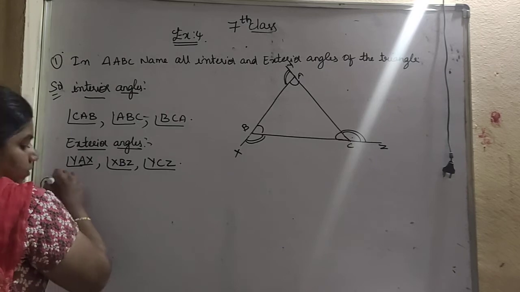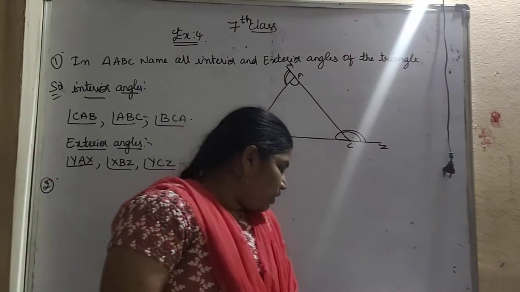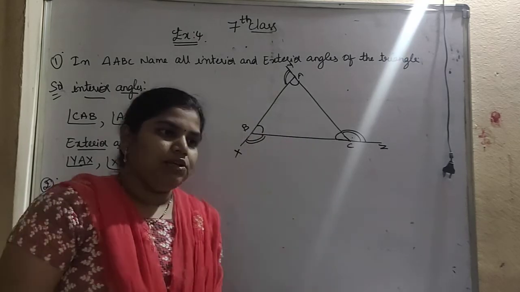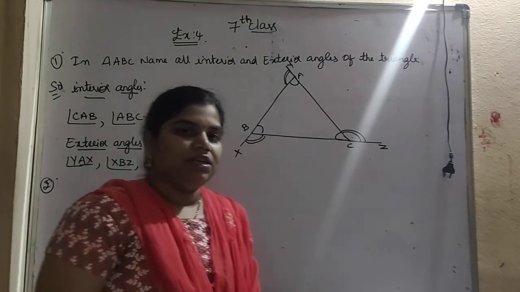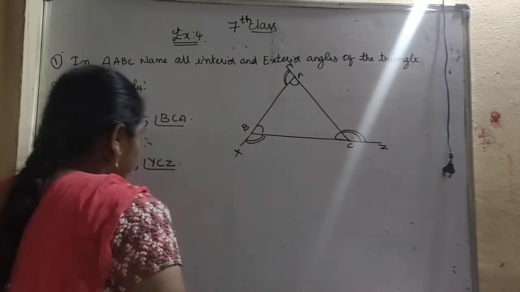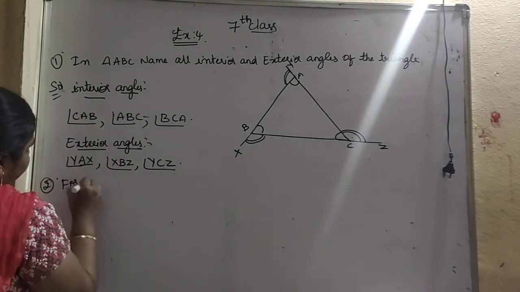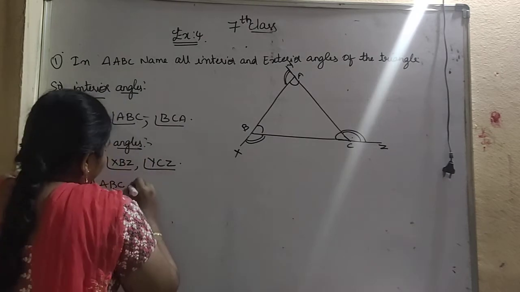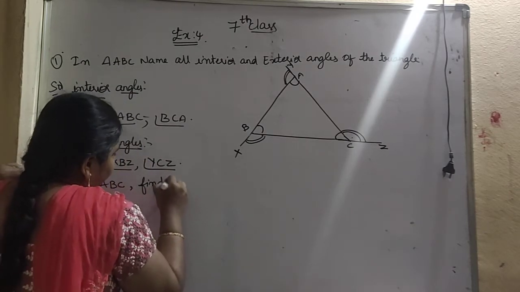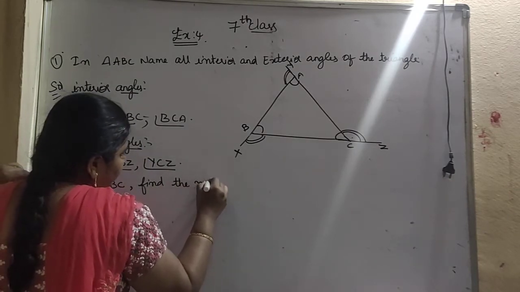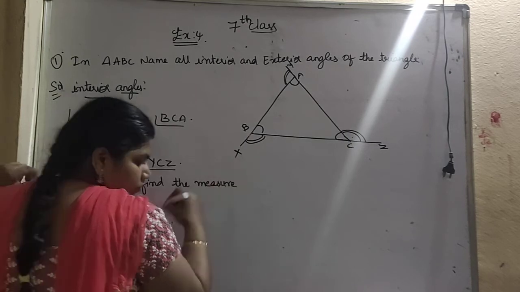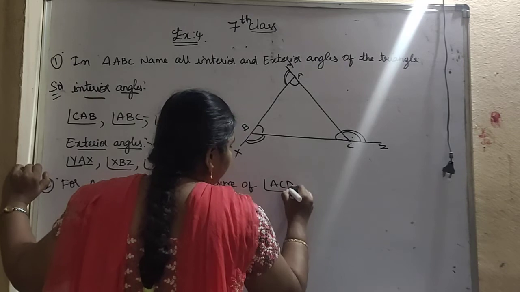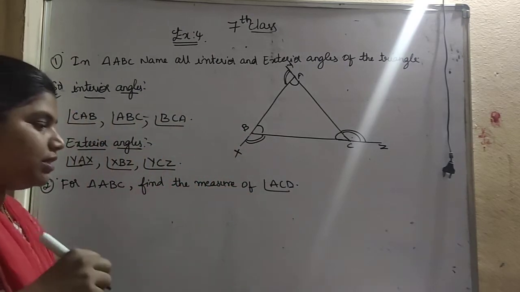Now second question. For triangle ABC, find the measure of angle ACD. So we have to find the measure of angle ACD here.